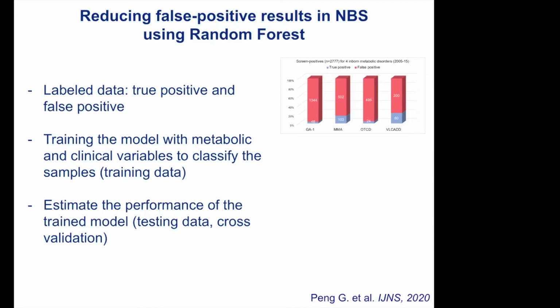As an example, 604 of the 605 screen-positive MMA cases were combined for training, while only 1 MMA screen-positive case was blinded and used for testing. This process was then repeated until all 605 cases were classified by RF.